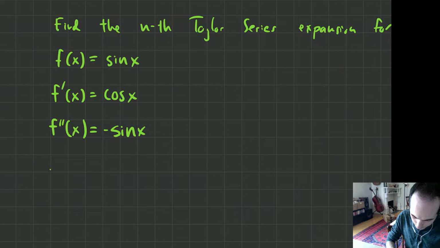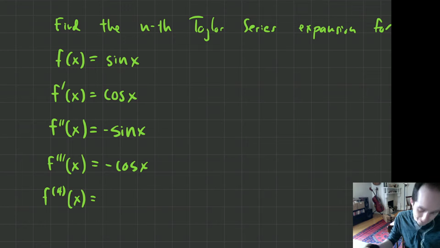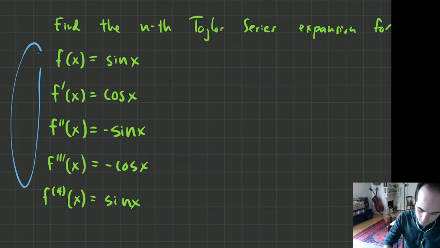And then the third derivative is going to be negative cos of x. And the fourth derivative of f of x is, now we're back to sine of x. And if we keep doing this, we'll find that we get this loop happening, right?